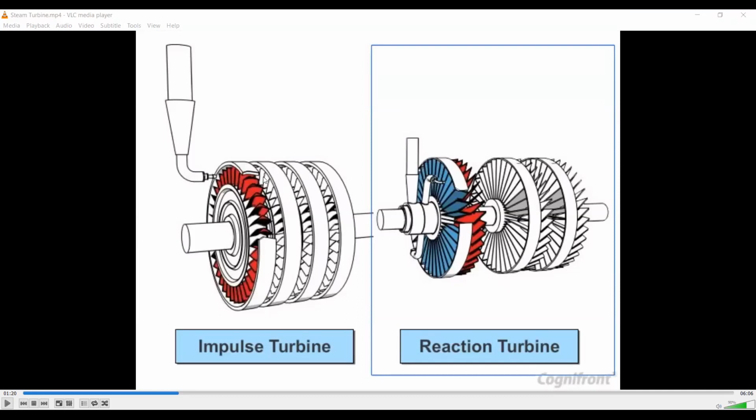In the impulse turbine, the nozzle pipe is not attached to the shaft; it is taken directly from the boiler side. But in the reaction turbine, the nozzle pipe is attached to the shaft, and when the shaft rotates, the nozzle also rotates with it. And there are two different types of blades.